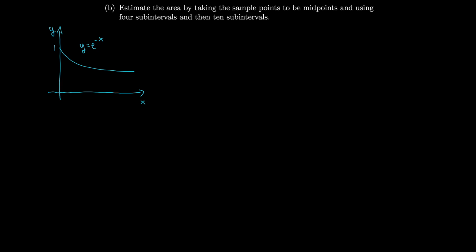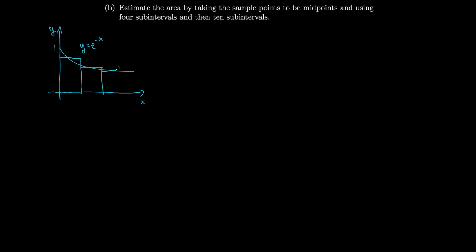I want to draw 4 rectangles. However, I'm taking my sample points to be midpoints. So I'm not going to draw the rectangles touching on the left or the right. I'm going to draw them touching in the middle. So something like this. That will be 1 rectangle touching in the middle. And then that'll be a 2nd rectangle touching in the middle.